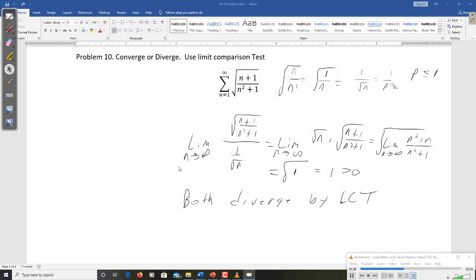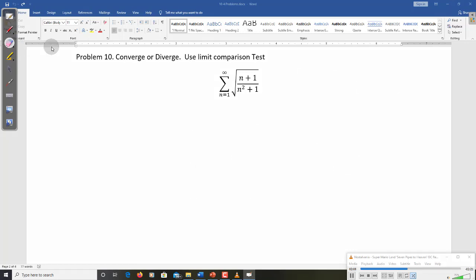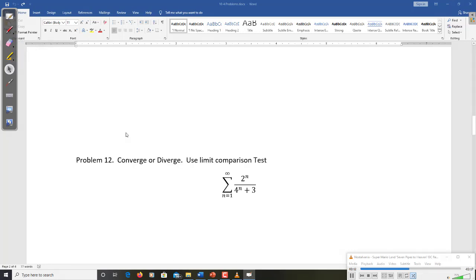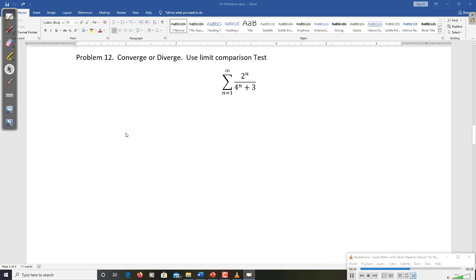Limit comparison is pretty nice if it's obvious it's going to behave like a certain type of function, like rational expressions generally perform just as if they had their leading terms on top and bottom. And here's another one that's pretty simple to do. You can tell then the 3 basically doesn't matter. We're going to compare this with 2 to the n over 4 to the n, which is 1 over 2 to the n.